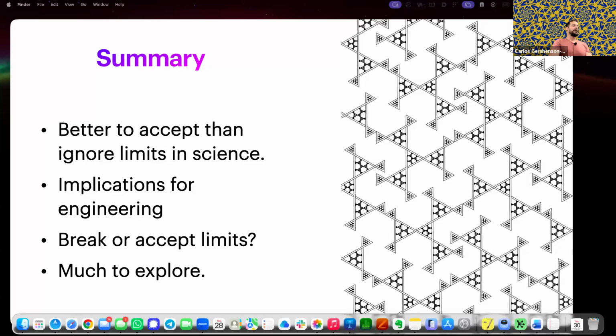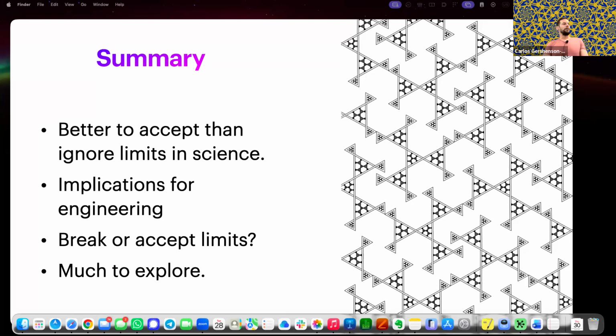So I would defend that it's better to accept limits in science rather than ignore them, and also their implications for engineering. Whether some of these limits will be overcome or we just need to accept them and deal with them are open questions, so there's much to explore.